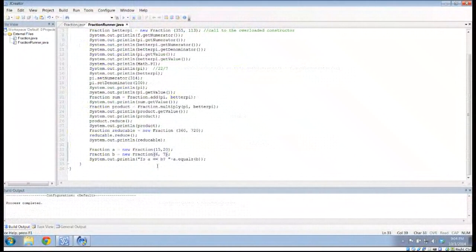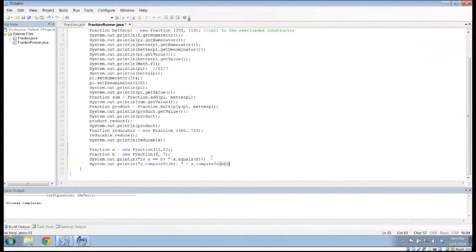So now I want to compare the fractions that we had. So I'm going to System.out.println. I want to compare A to B using the A.compareTo(B).